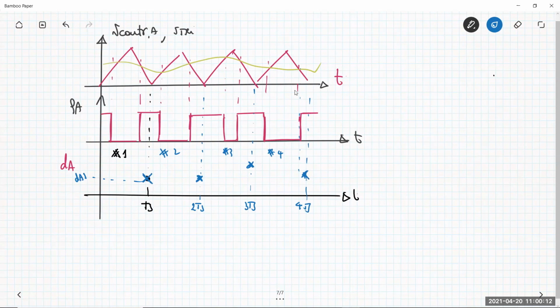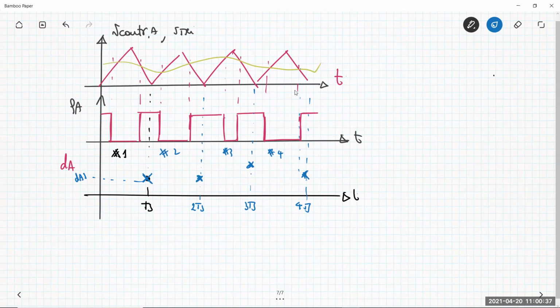Okay, so this is the way you can have at the output an average value of the voltage VAN that basically has this kind of coding. You are coding the information of the modulating signal into the variation of the duty cycle. This can also be regarded as a sampling of the control voltage.